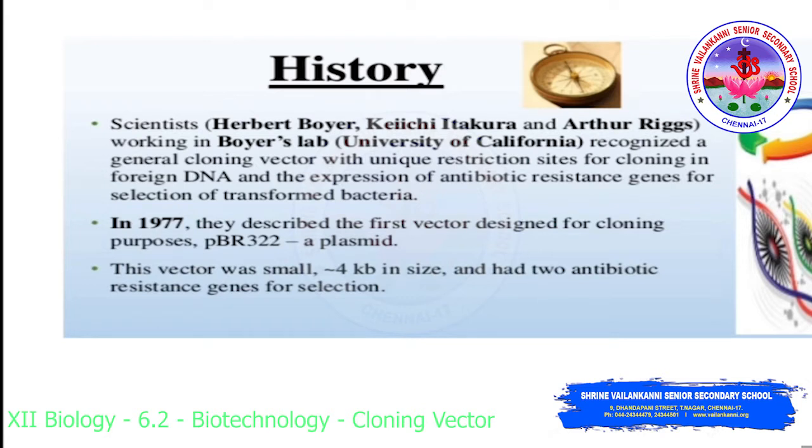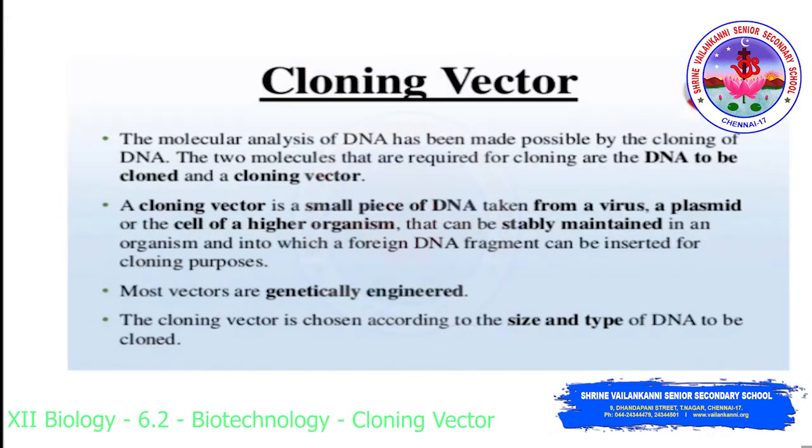These vectors are very small, about 4 kilobases in size, and had 2 antibiotic resistance genes for selection. So this is the history of cloning vectors.